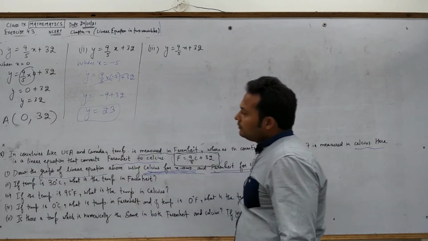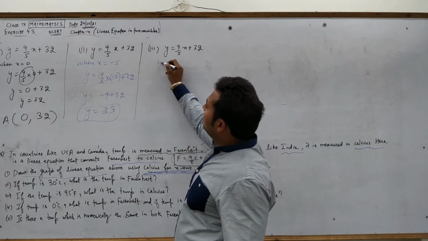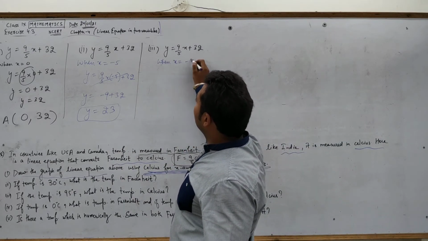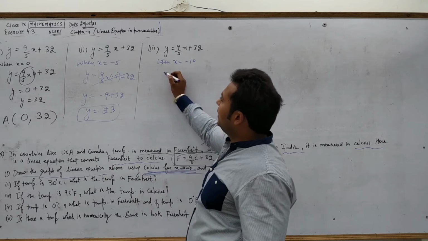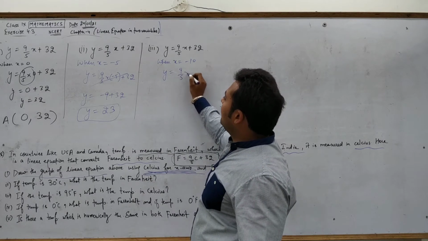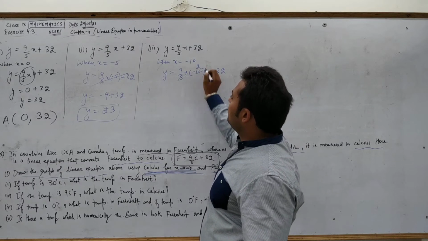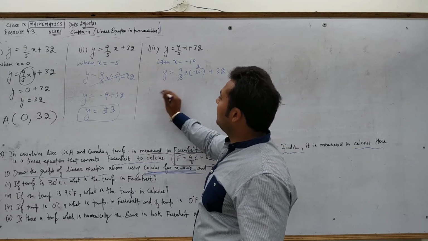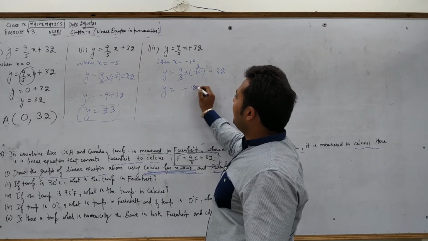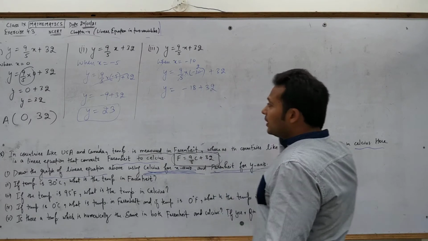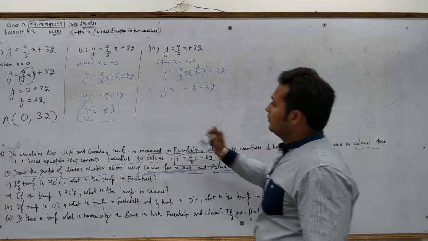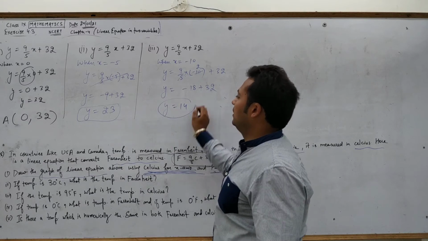Then take x equals minus 10. So y equals 9 by 5 multiplied by minus 10. 5 twos are 10. 9 multiplied by minus 2 is minus 18 plus 32. And this will be 14.